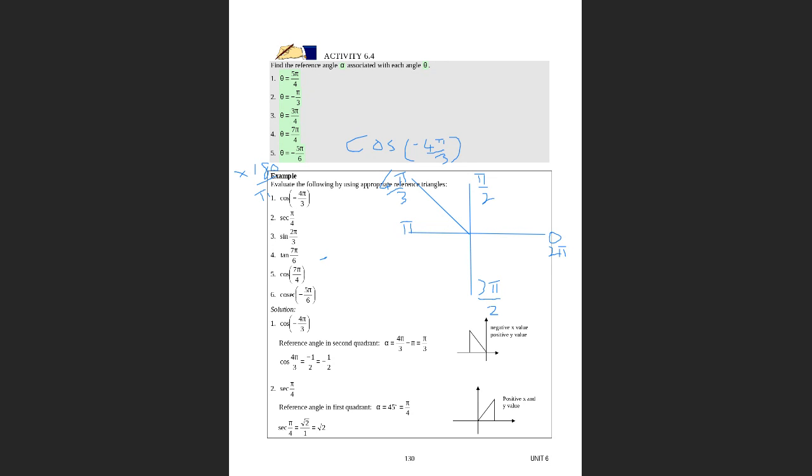So here the closest x-axis is pi. So your reference angle will be 4 pi over 3 minus pi, which will be pi over 3.